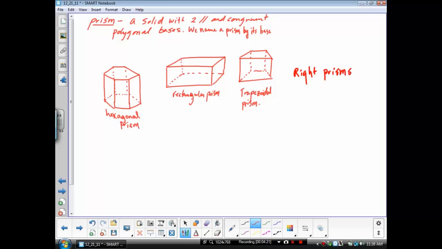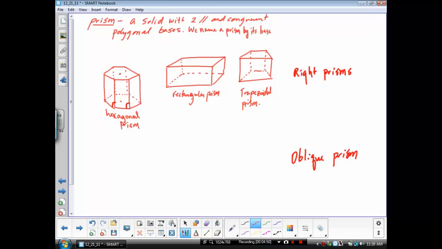We could also draw an oblique prism. An oblique prism is when the bases aren't directly above each other. They're still parallel and congruent, but you've taken them and slid them so that the bases are not right above each other, which means because these bases are right above each other, all of these angles right here are going to be right angles.